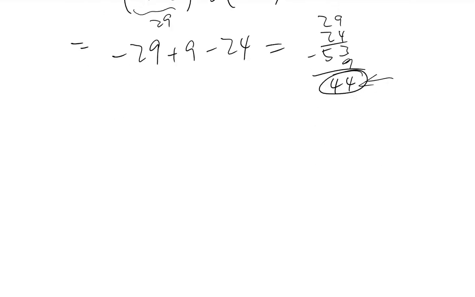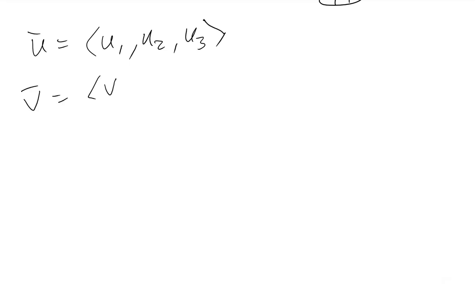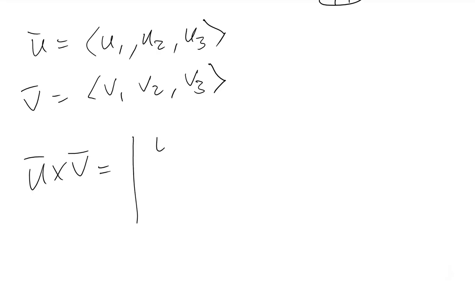Okay, so with that said, how do we do this with matrices? So what do matrices come in other words? Well, let's suppose that U is U1, U2, U3, and V is V1, V2, V3. So the cross product of these two is the determinant of this matrix here.